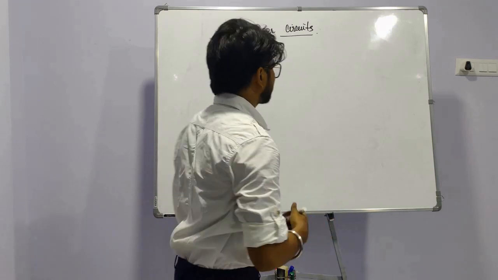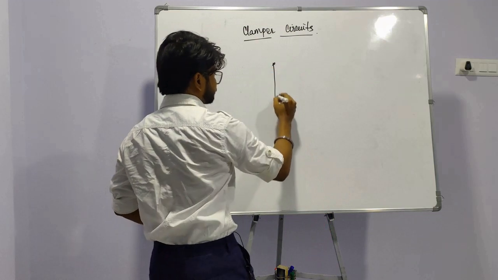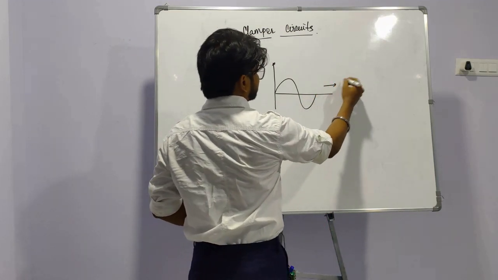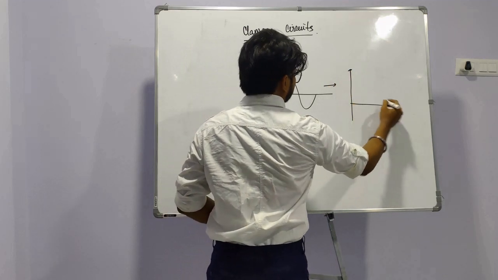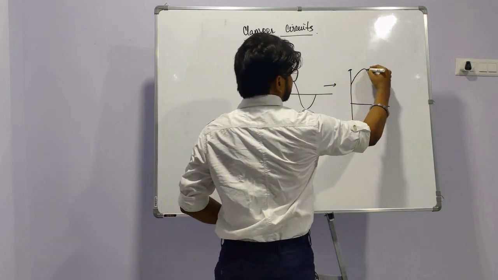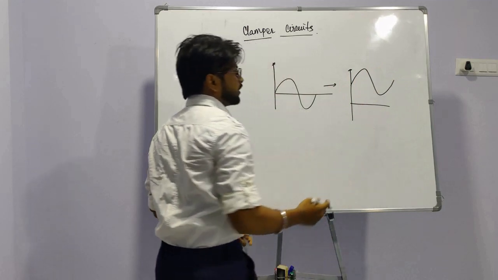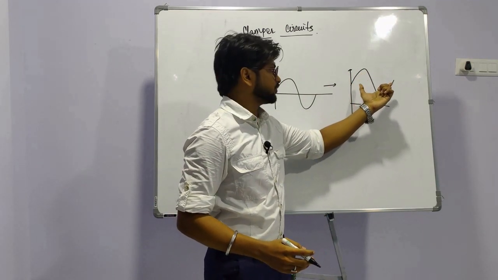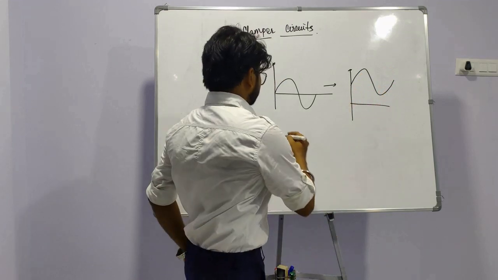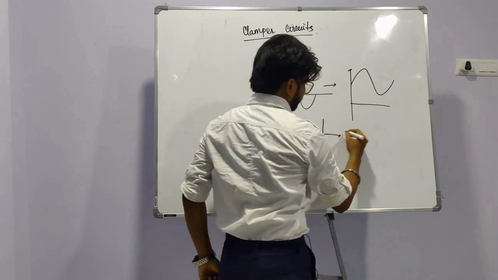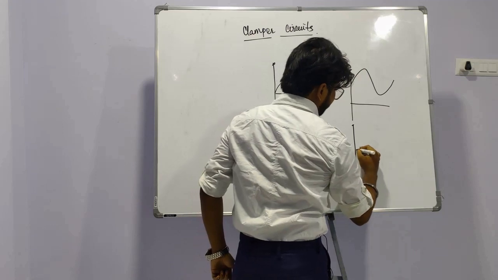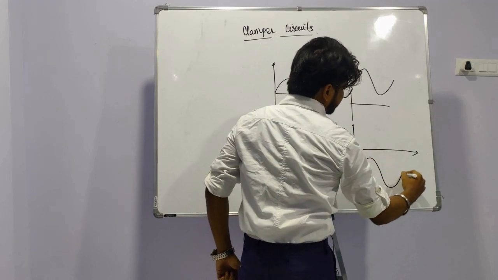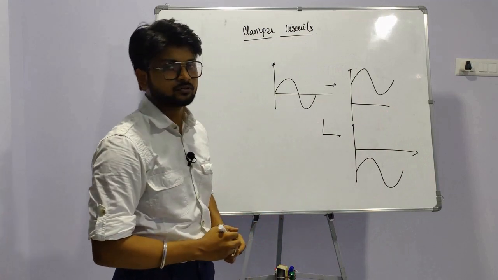For example, if we have a sine wave as input, the output is the same sine wave but shifted towards the positive half, or the same sine wave given to another clamper might be shifted to the negative half.